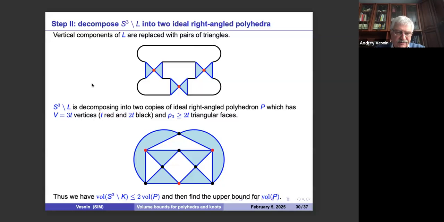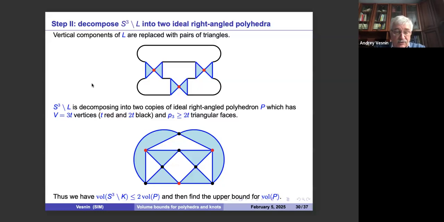So it's really a thrice-punctured sphere, and after that we shrink the black edges, which are parts of other components of the link. Since we are interested in the complement, this shrinking can give us new vertices of polyhedra. So totally we have a collection of red vertices which came from additional components during the augmentation, and you have black ones, which correspond to edges of the diagram of the link.